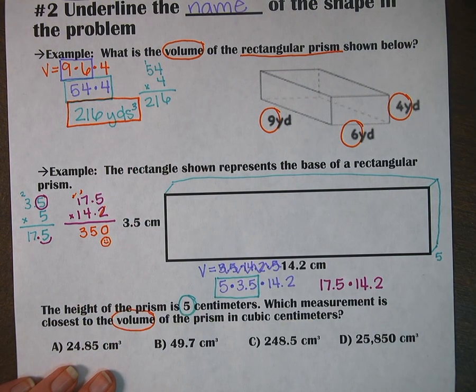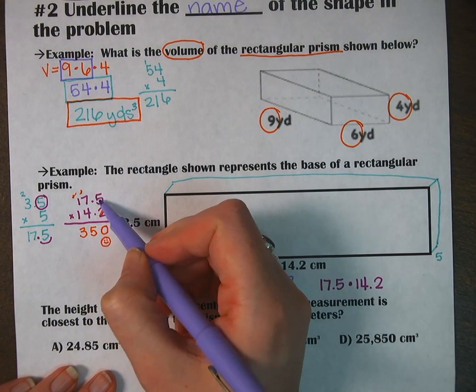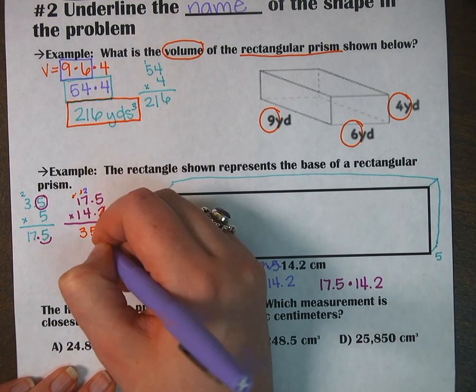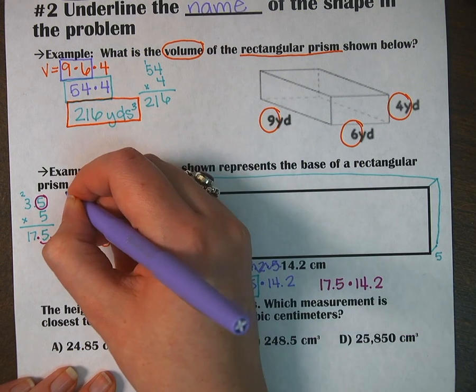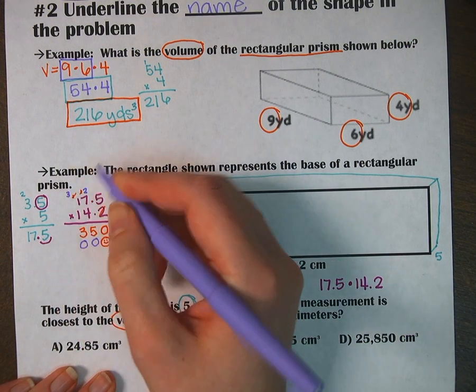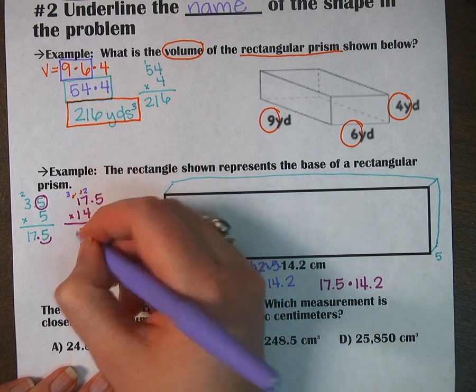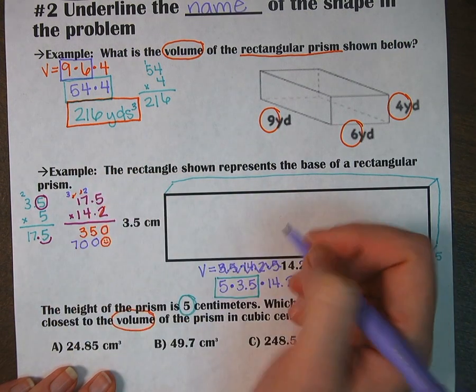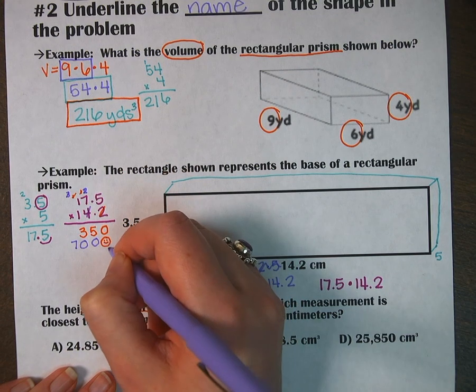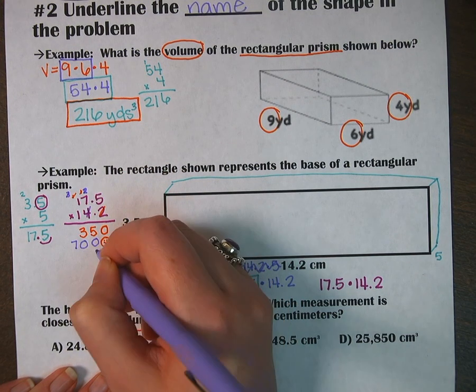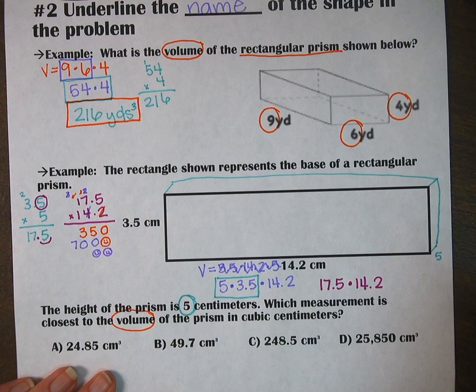And then I'm going to go to the next row. 4 times 5 is 20. 4 times 7 is 28, plus 2 is 30. And then 4 times 1 is 4, plus 3 is 7. Okay, so I'm going to mark out my carries, my 4. When we get to the third row, I'm going to drop 2 smiley faces.